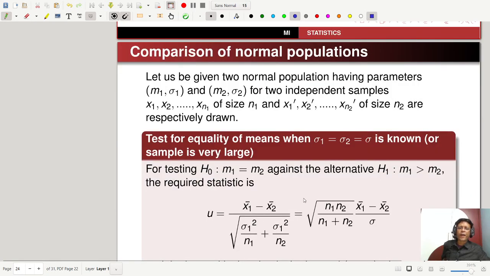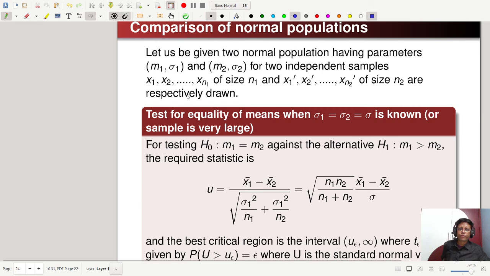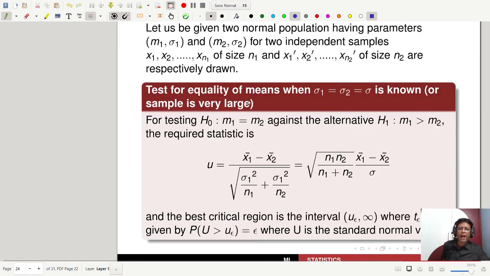Now I will compare two normal populations. So suppose you have two normal populations having parameters m1, sigma 1 and m2, sigma 2. In this case, sigma 1 and sigma 2 are known, and suppose they are equal, given by sigma, or the sample is very large.